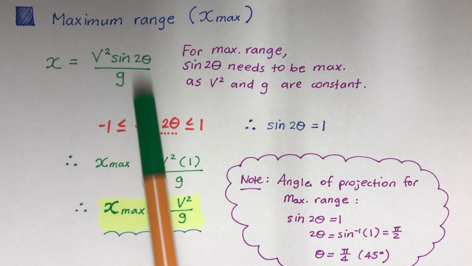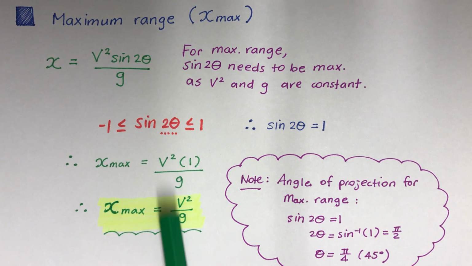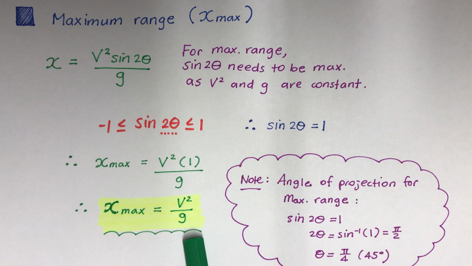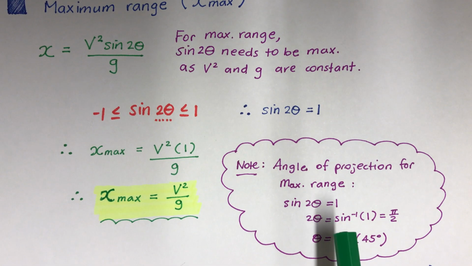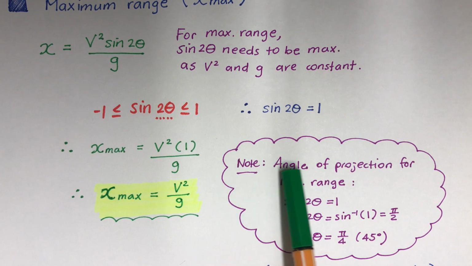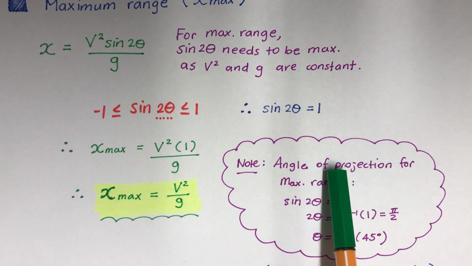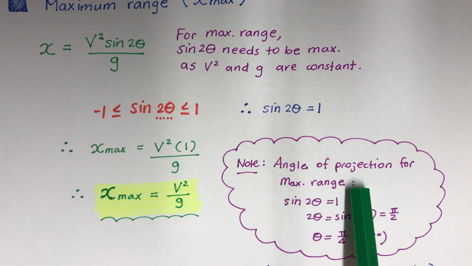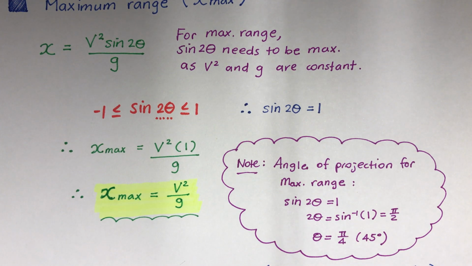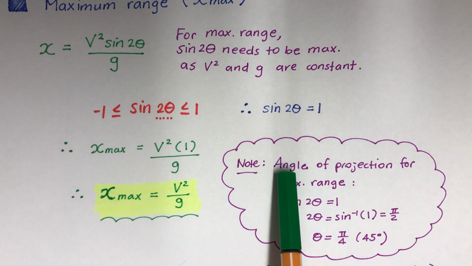So I'm going to replace the sine 2 theta with a 1, and you will get maximum range equals v squared over g. Now, just for your interest, the angle of projection, theta, for maximum range: how far we can throw depends on the angle.